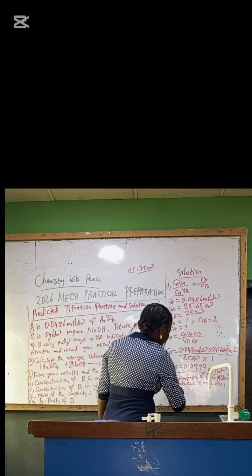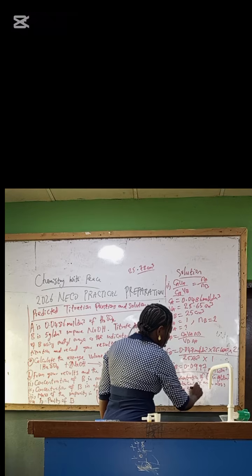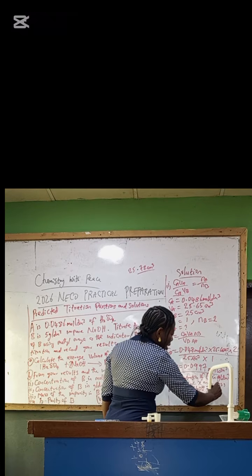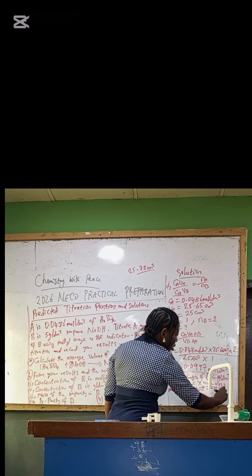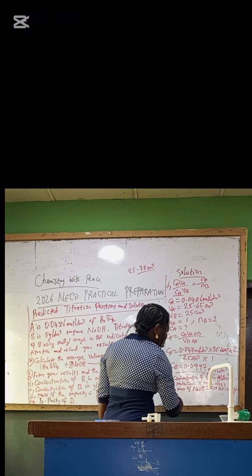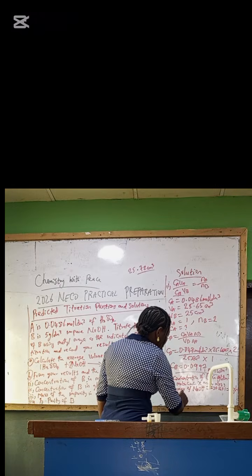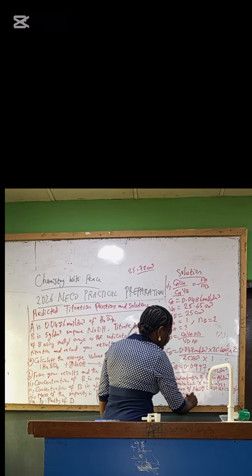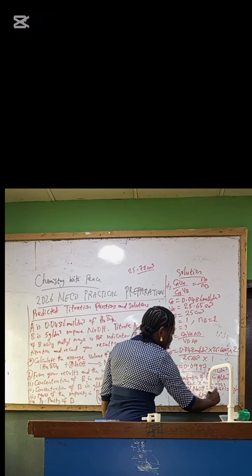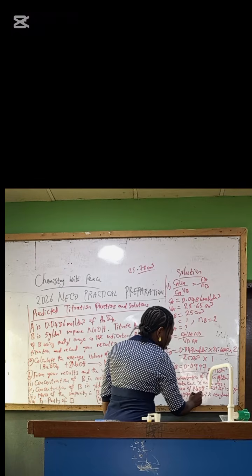So the molar mass of sodium hydroxide is equal to 23 plus 16 plus 1, which is 40 grams per mole. So we are going to have this times this 40 grams per mole, and that will be 0.0997 mole per dm cube times 40 grams per mole. The mole cancels mole here.